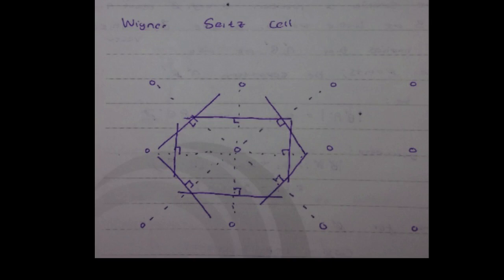The space that is enclosed by all of these bisectors is what we call the Wigner-Seitz cell. So this is in 2D. In 3D, it's going to be a many-sided polygon, and so on and so forth.